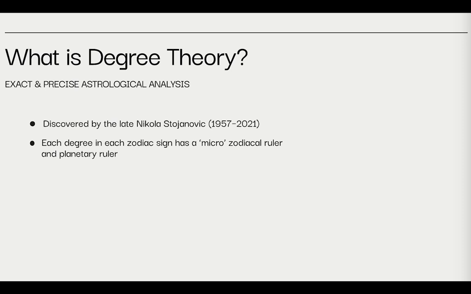I didn't really understand the zodiacal allocation to each degree within the zodiac signs. And so it prompted me to think about it from my own perspective and my own understanding of astrology and astrology's principles and even mathematical principles.